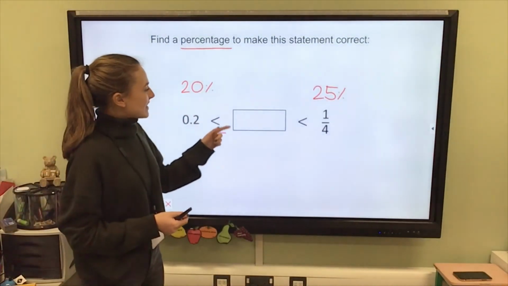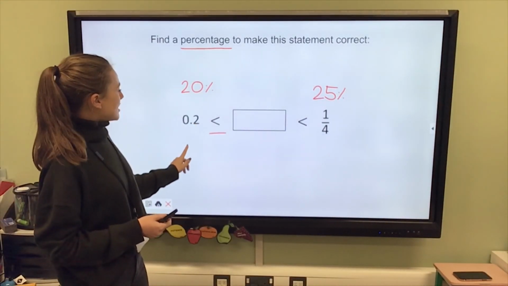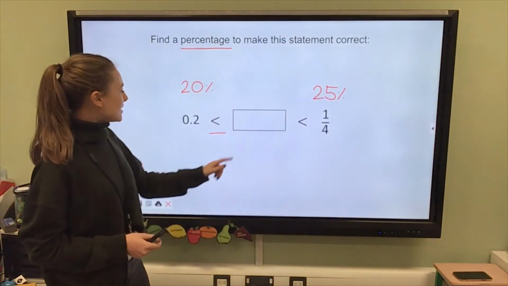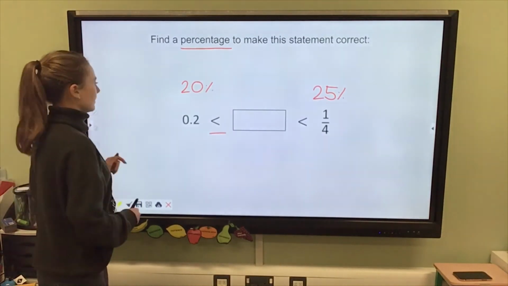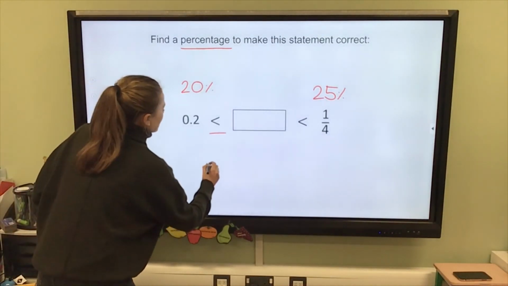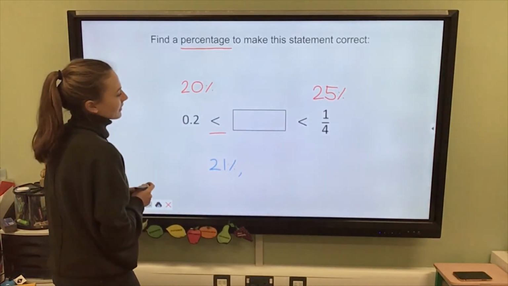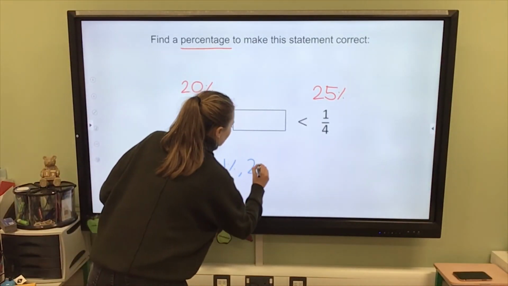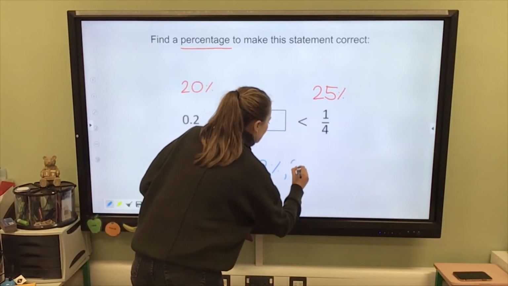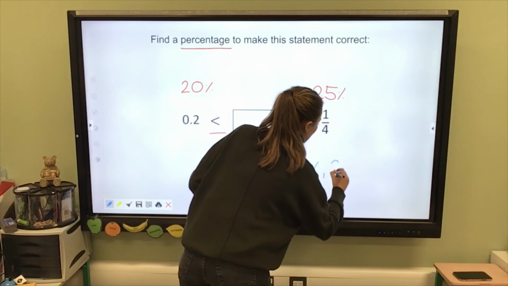So if my blank percentage in the middle here has to be greater than 20% but less than 25%, what could this number be? If it needs to be greater than 20%, it could be 21%, it could be 22%, it could also be 23%, or 24%.